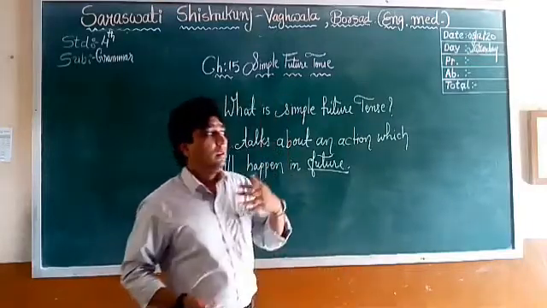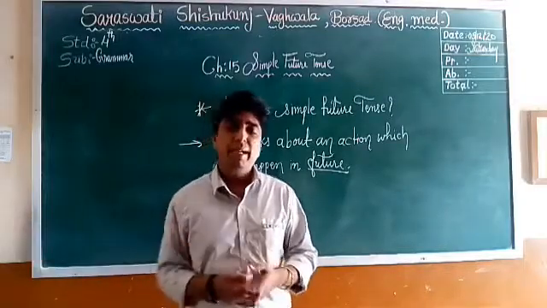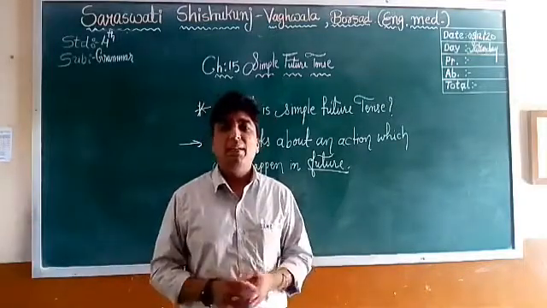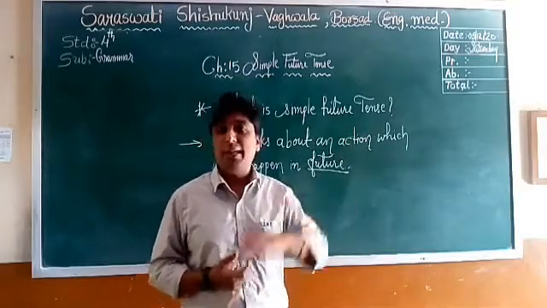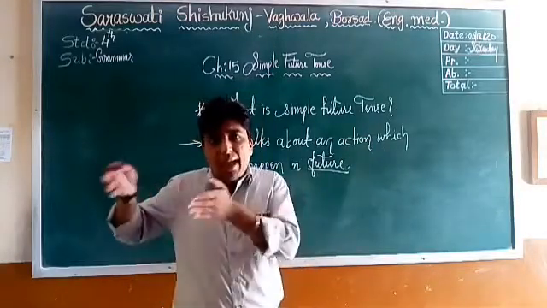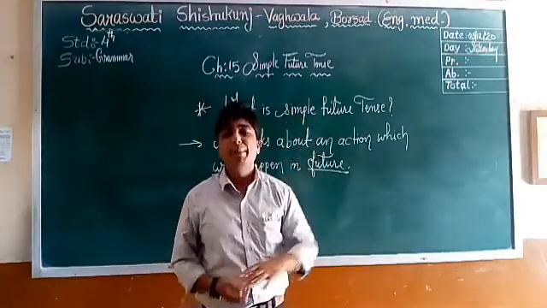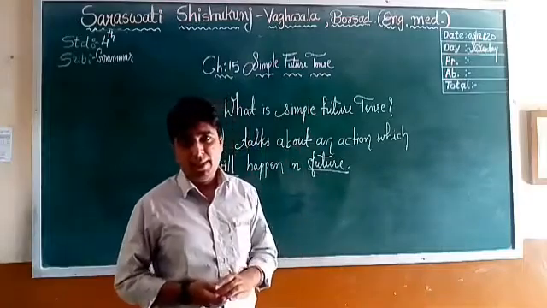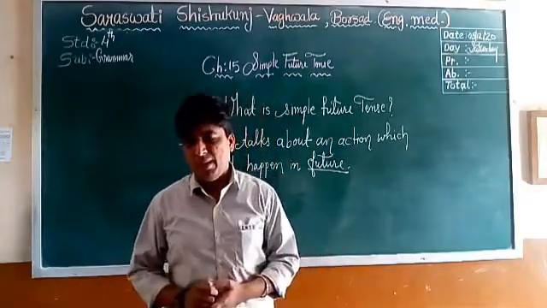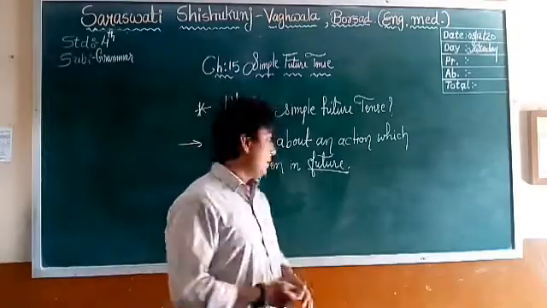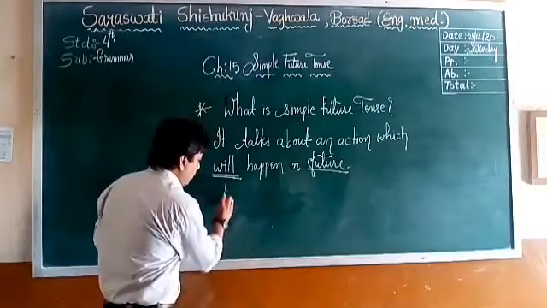Words like yesterday, the day before yesterday, last week, last month, last year, last time: last means it already happened in the past, so these words represent the past tense. Then what about future tense? Which words can we use in future tense?